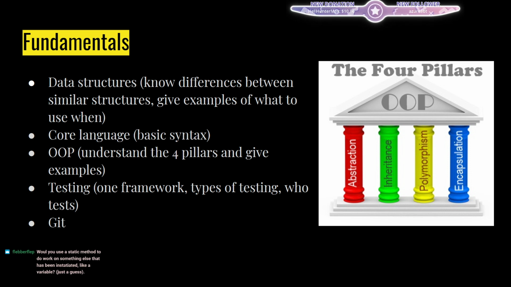Also, a question from the chat: would you use a static method to do work on something else that has been instantiated, like a variable? So yes, static methods are mostly used in helper classes and for processes. If you have input, conversion, output, the three generic steps of a process, that's when you definitely use static classes.